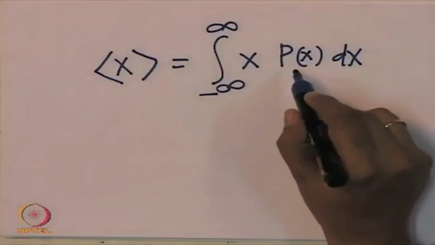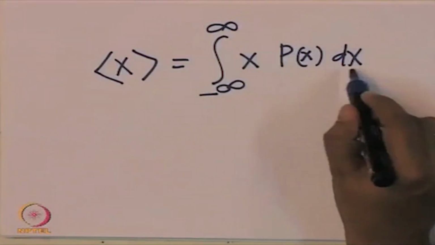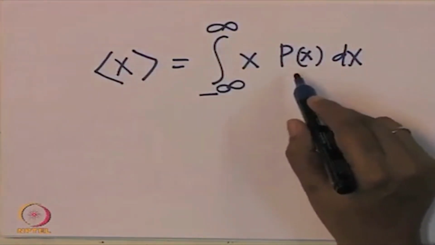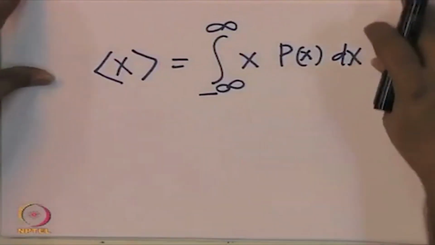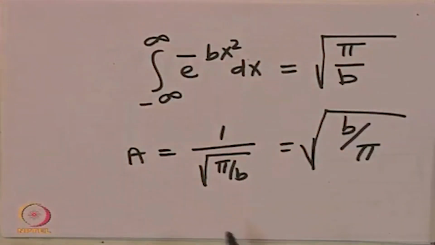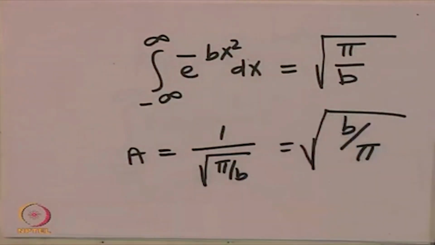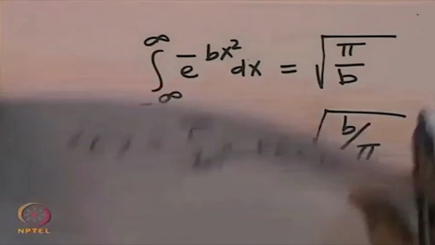For this, the integral of p of x has to be 1. The process we just did a few minutes ago, to calculate the integral and find out A, is called normalization. So, p of x is a normalized function.